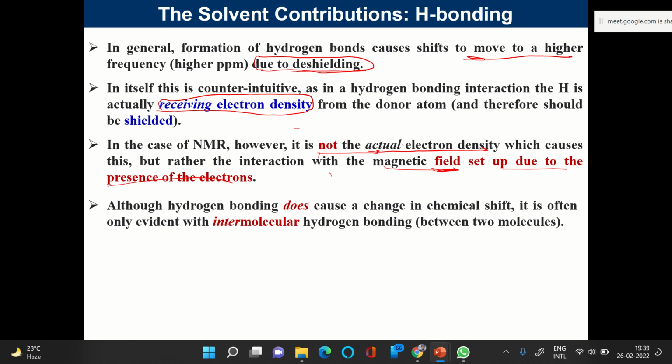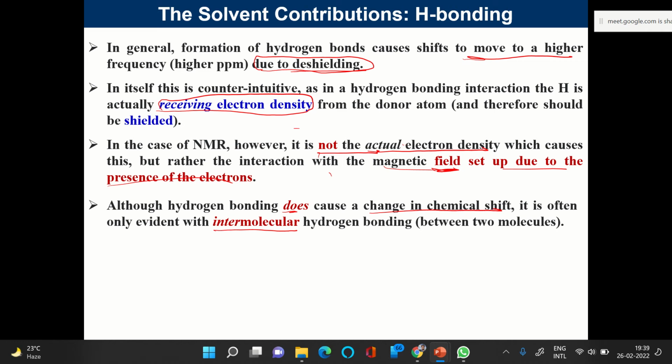So there is a change. It will also cause a change in the chemical shift value, and this change in the chemical shift value is evident when you have intermolecular hydrogen bonding. Then the hydrogen bonding interaction is a variable.